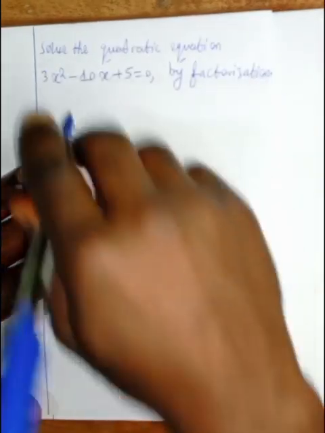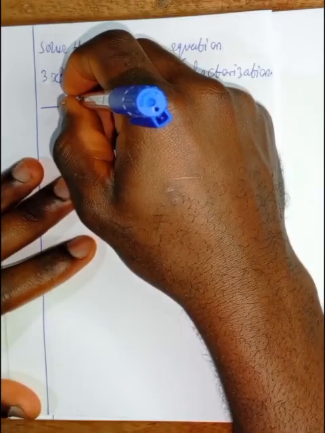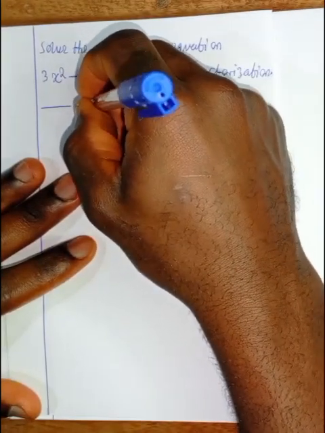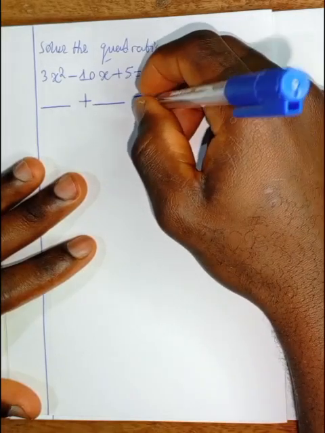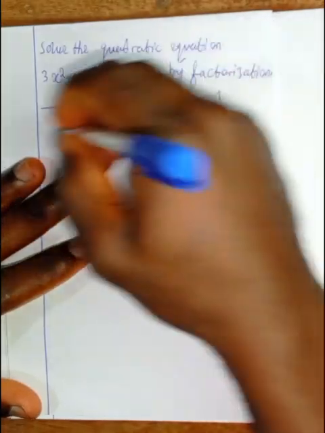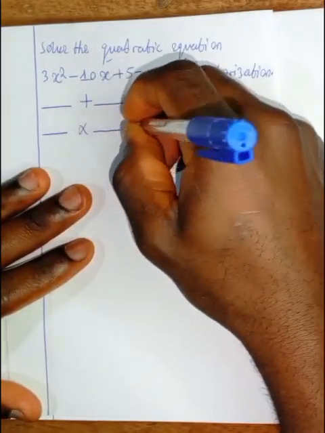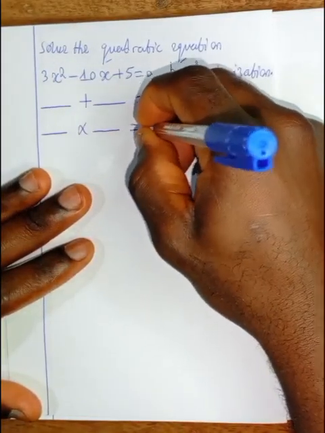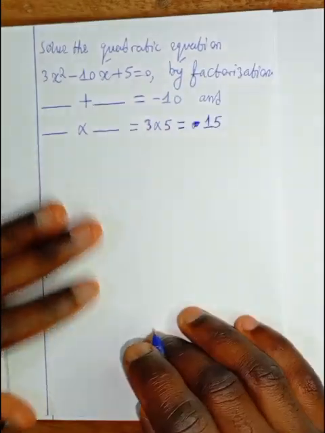For us to answer this, the first thing we need to do is find two numbers such that when we add the two numbers, our answer is equal to -10, and when we multiply the two numbers, our answer is equal to 3 times 5, which is equal to 15.